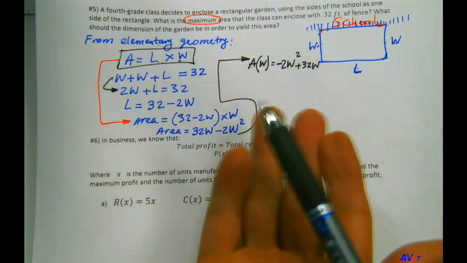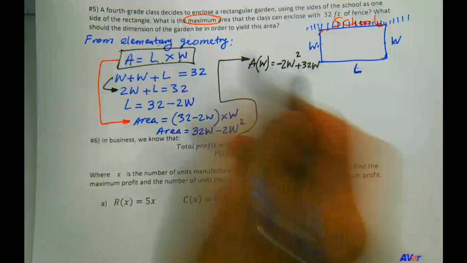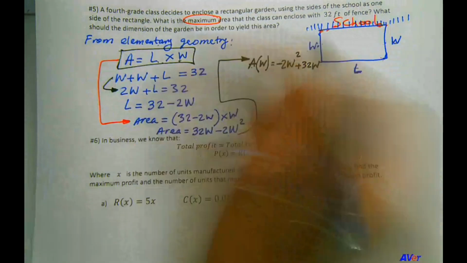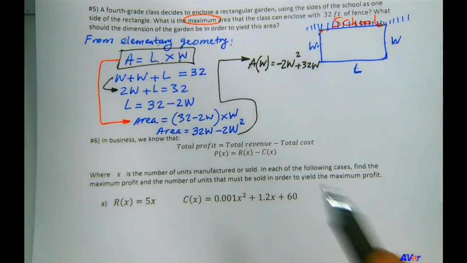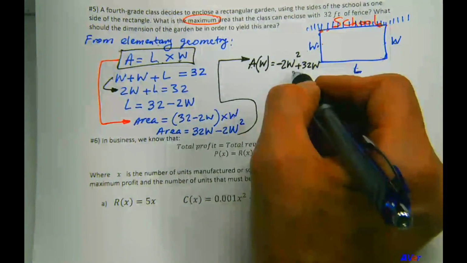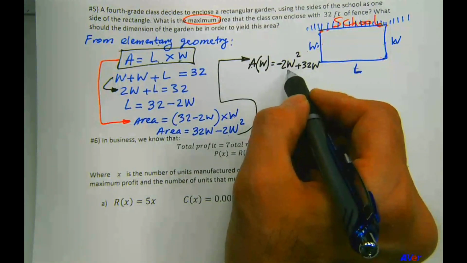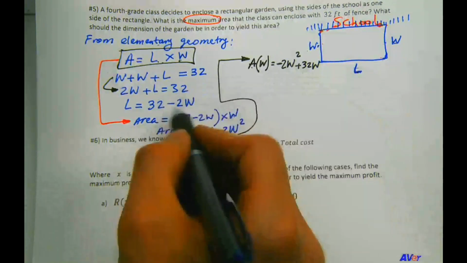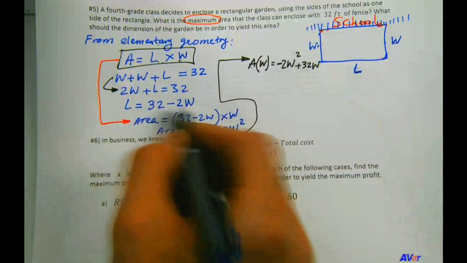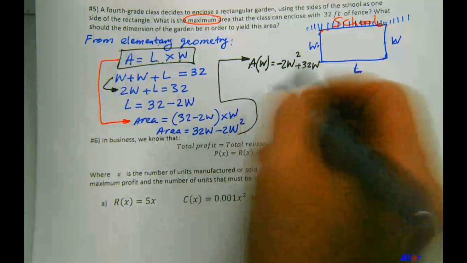So now they're asking us, what should the dimensions of the garden be in order to maximize the fencing area for this garden? We know the formula that gives us the maximum W. Once we know that, we can plug it in here in this equation to calculate the length. So first, let's find the W.